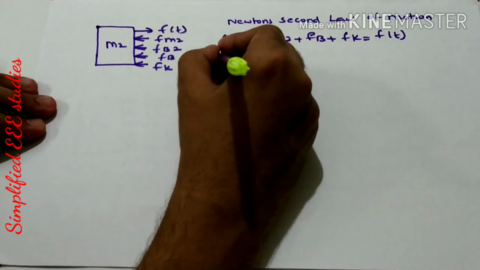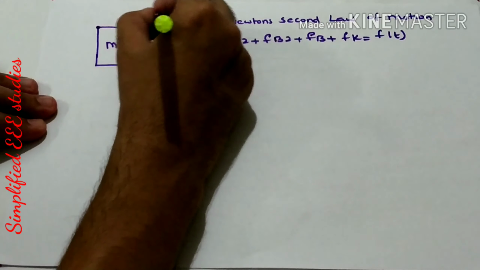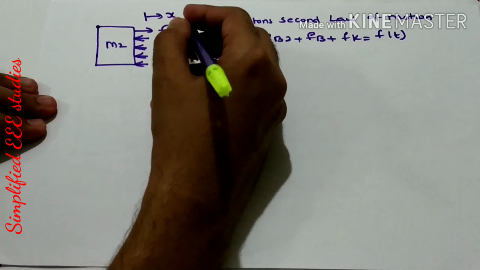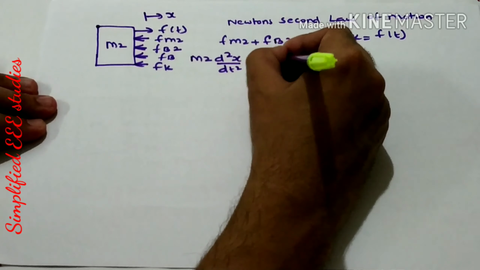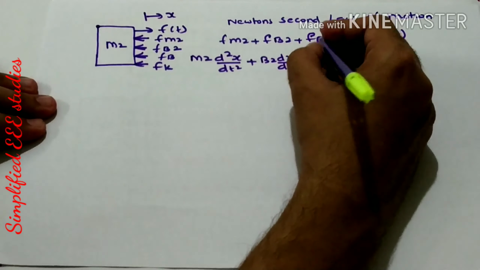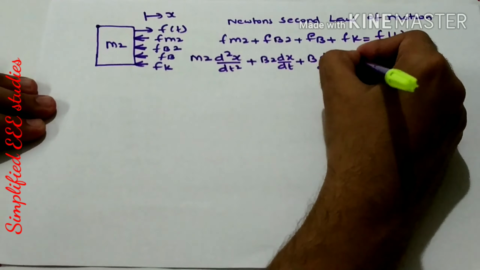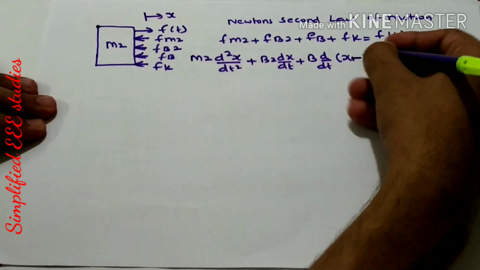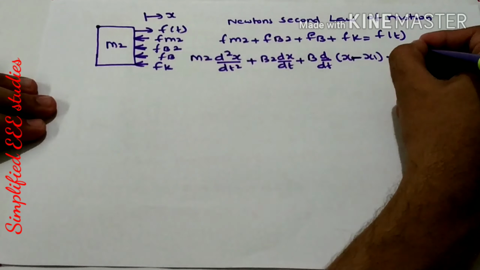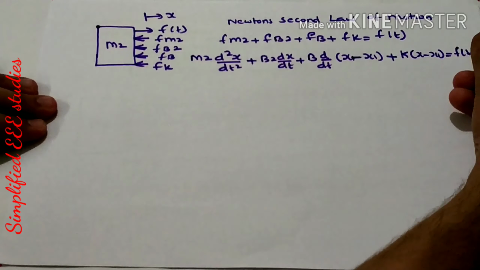M2 into d square x by dt square, where displacement is x, plus, regarding Fb2, we can write b2 into dx by dt plus, regarding Fb, you have to consider displacements x and x1 respectively, b into d by dt of x minus x1, plus k into x minus x1, that is equal to f of t.